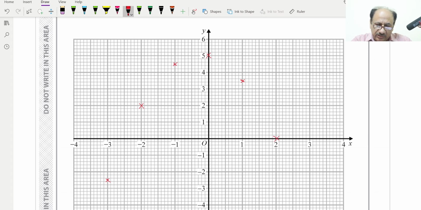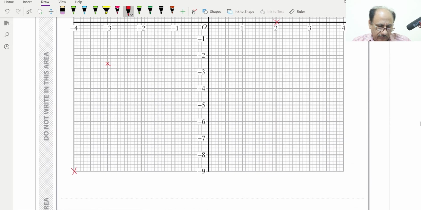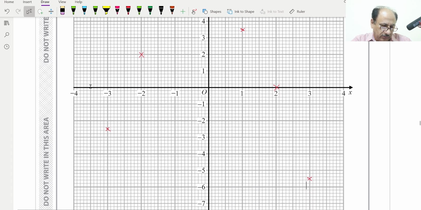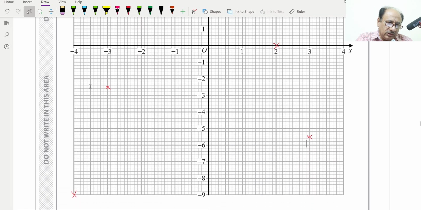Then 3 and minus 5.5 will be over here. So we have basically marked all the points. Now we have to draw the smooth curve. To draw a smooth curve, a little practice is required.